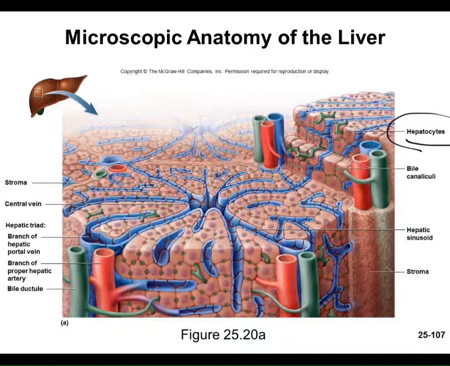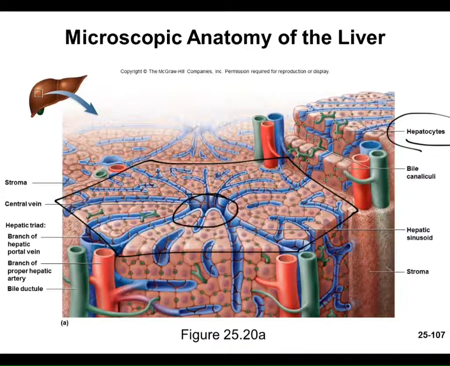And you'll see what looks like these hexagonal units within the liver. In the very center of all these hexagonal structures is a central vein. So blood is coming up through that central vein.